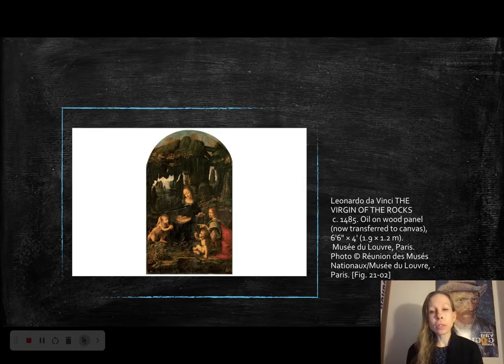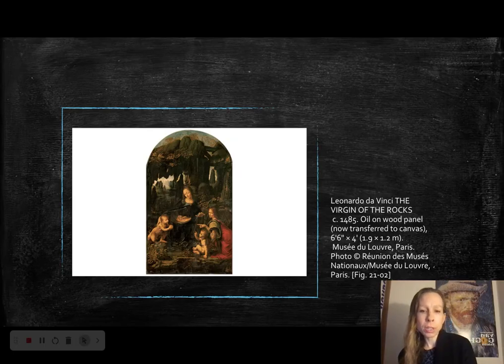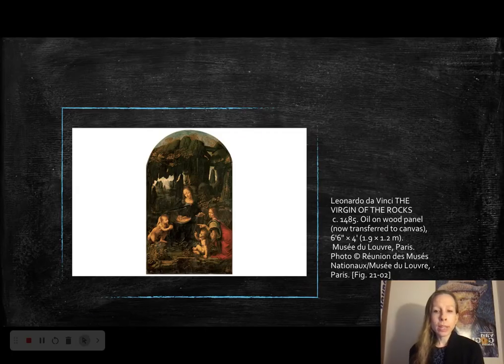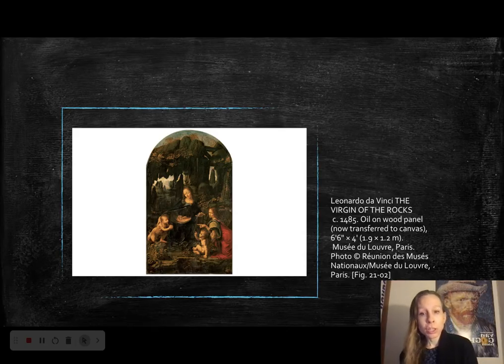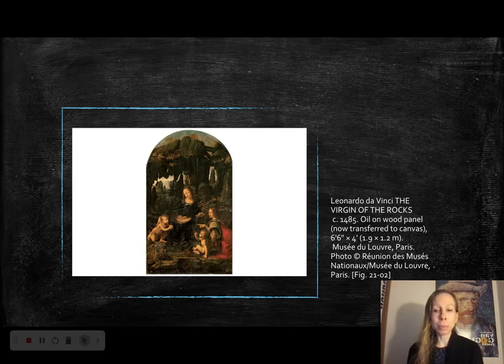The angel's gaze points a figure towards John the Baptist, which caused confusion and theological concern, so that a second version was eventually commissioned, which is in the National Gallery in London, to make the religious roles more explicit.